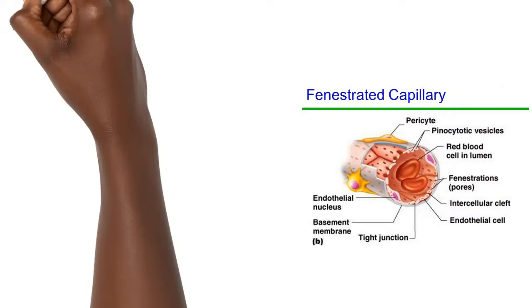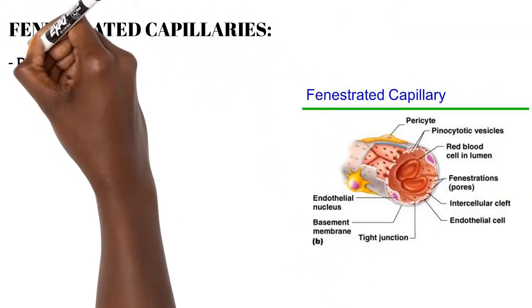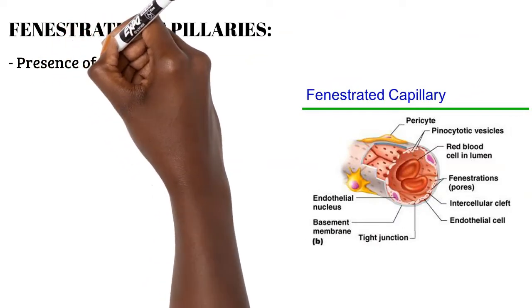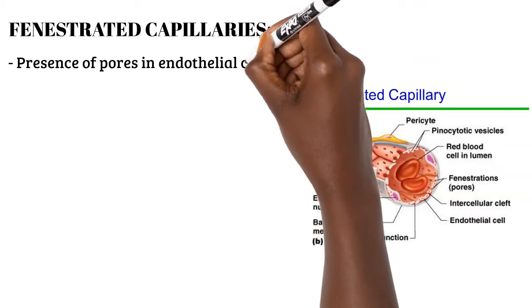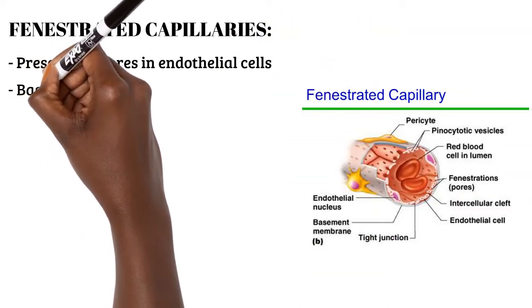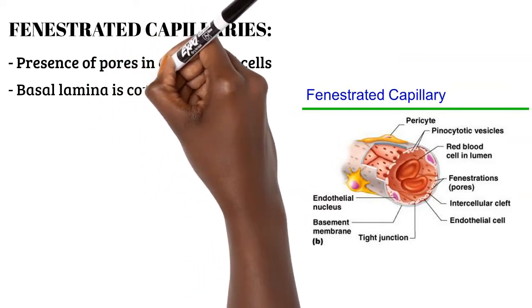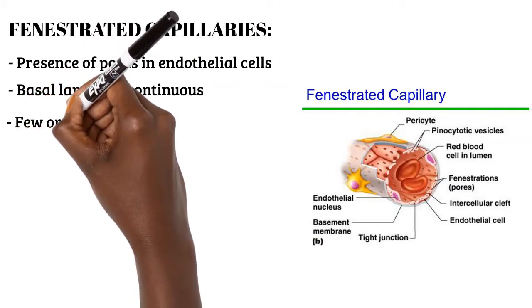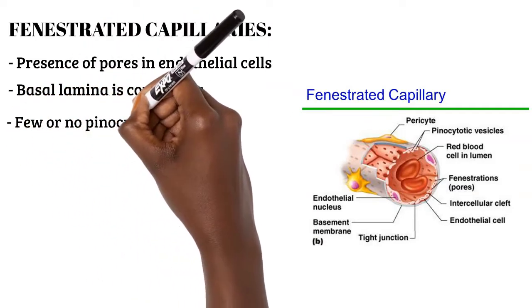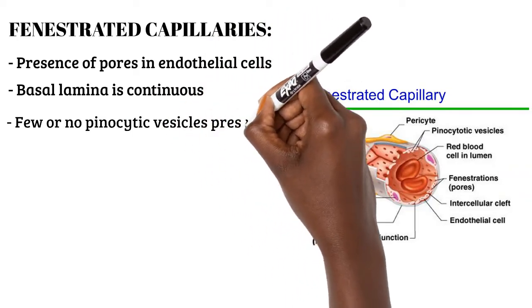Now, fenestrated capillaries. The word fenestrated means there are what? Pores. So this means that there's a presence of pores in the endothelial cells. Again, basal lamina is also continuous, but this is not a continuous capillary, but rather a fenestrated capillary because of the presence of pores. It has few or no pinocytic vesicles present.